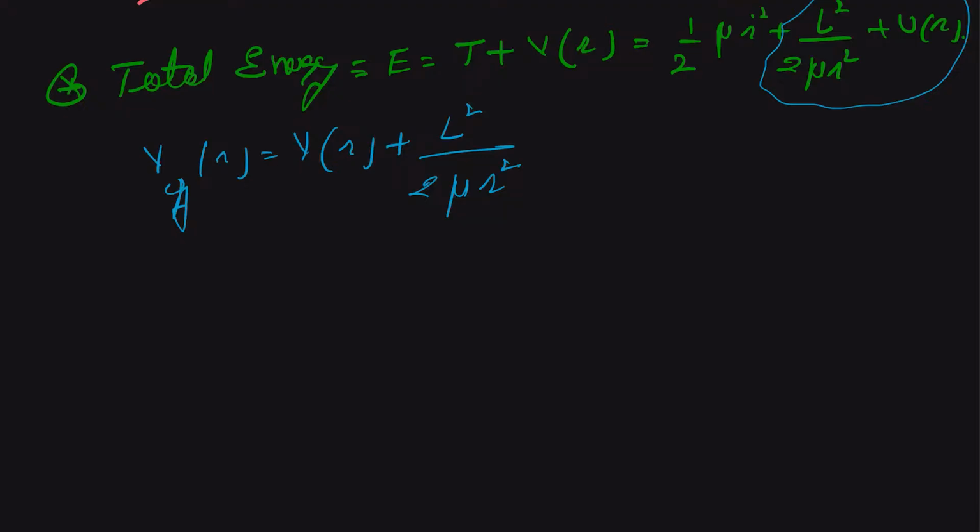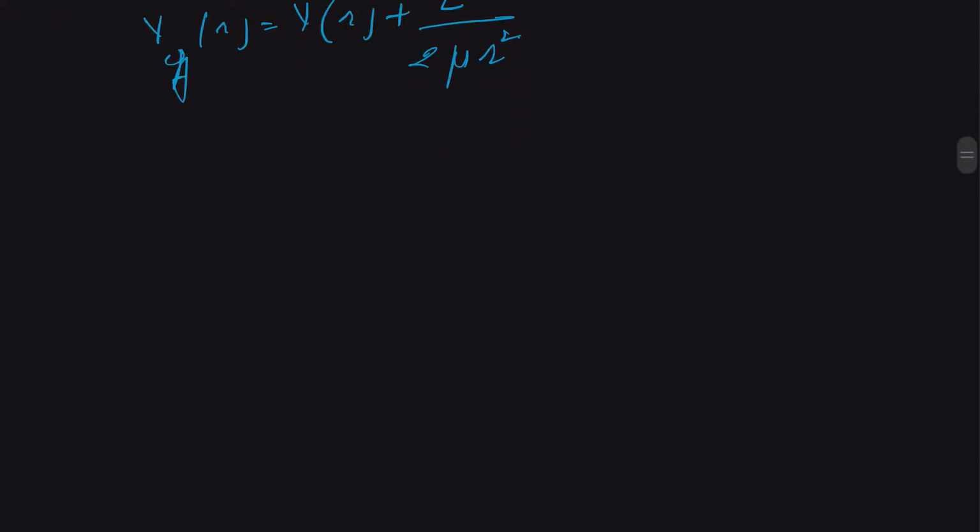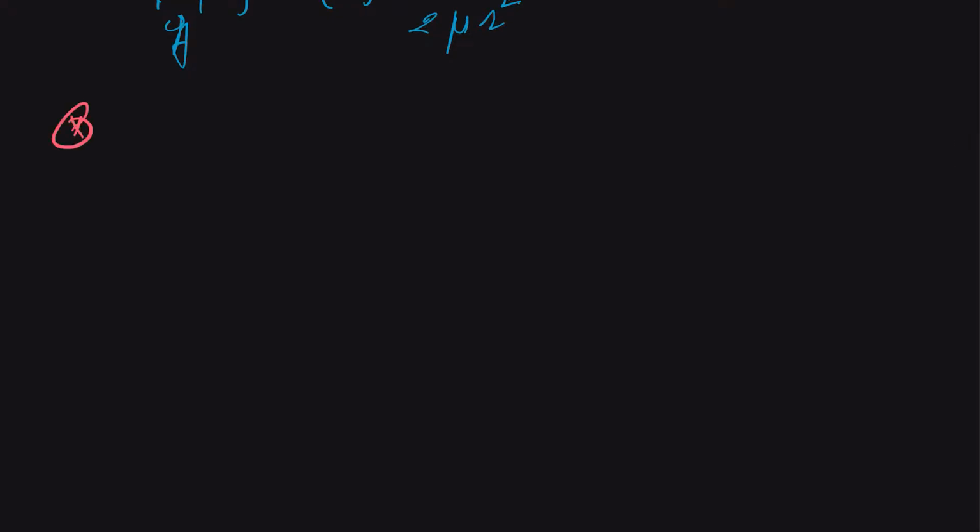Now we are given that a particle is moving under the inverse cubical law force. So we can say that our F is equal to minus k upon r cube.